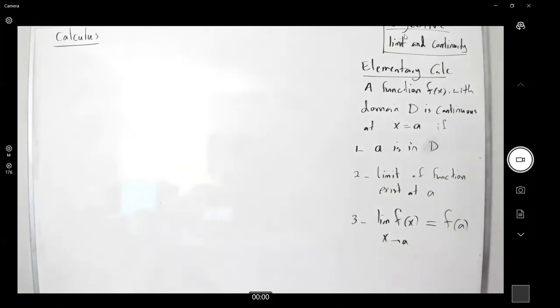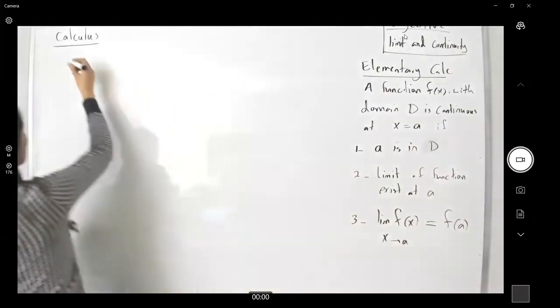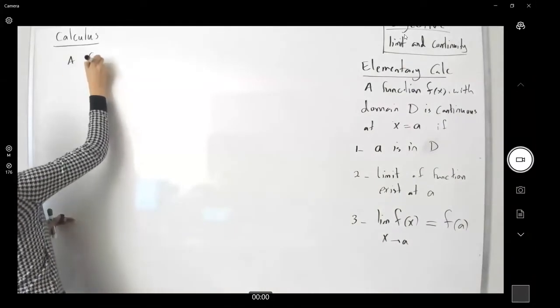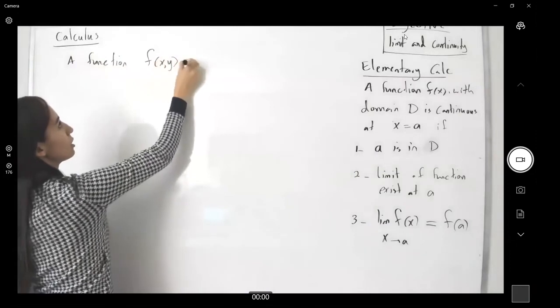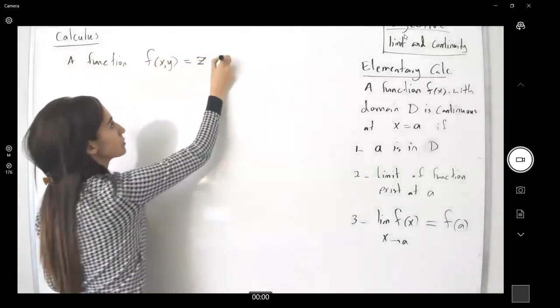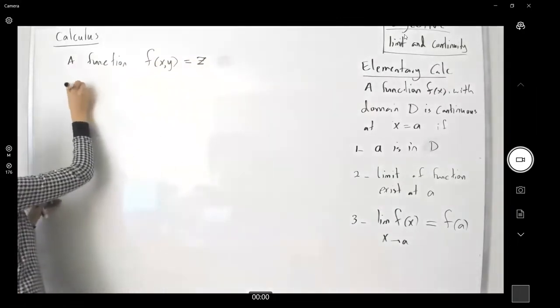We have the same three conditions when it comes to multivariable functions. A function like f of x and y equals z with domain D. Remember to write down the domain.